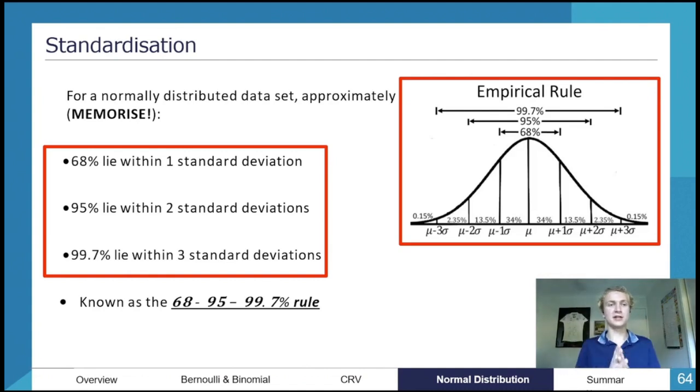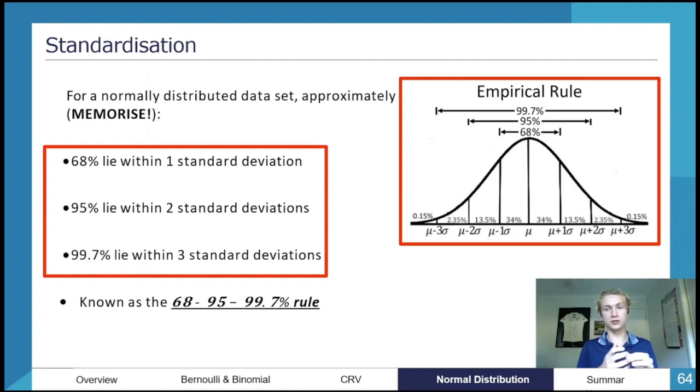Okay, standardization. So you're seeing red. That means that you have to memorize these things, and they are really critical. A lot of people actually leave this off their study and don't do well because of it. So for a normally distributed data set, we use the following approximations: 68% lie within one standard deviation.